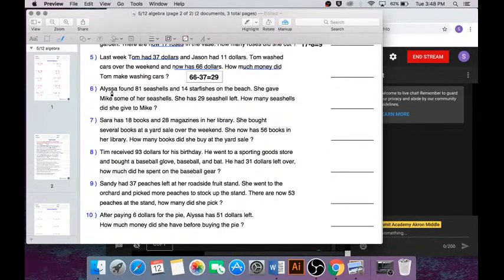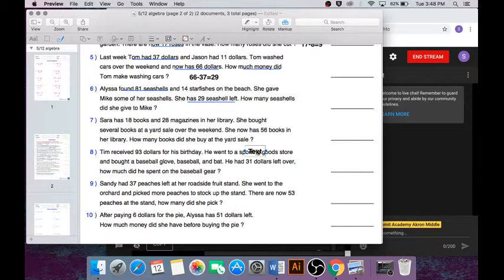Okay. Number 6, Alyssa found 81 seashells and 14 starfish on the beach. She gave Mike some of her seashells. She has 29 seashells left. How many seashells did she give Mike? So she found 81 seashells and she has 29 left because she gave some to Mike. So how many did she give away?